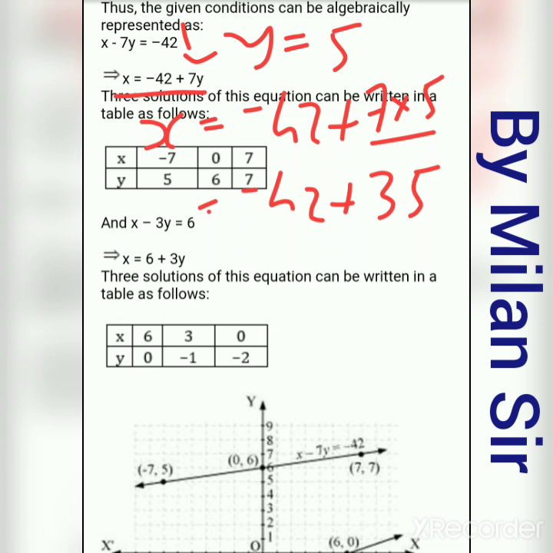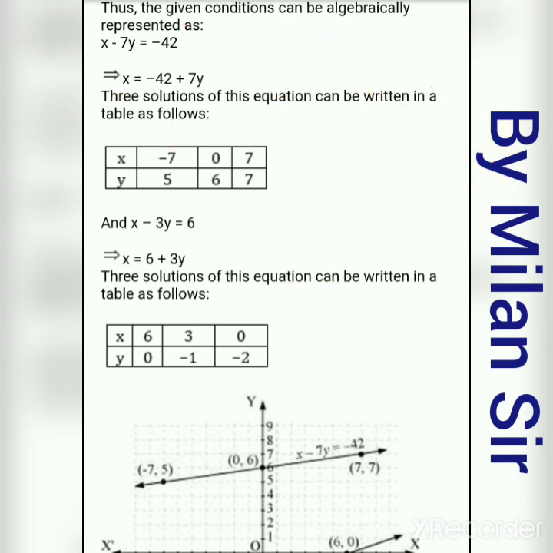So 7 fives are 35. So minus 42 plus 35: minus 42 plus 35 is 7, and the bigger number's sign is minus. So x is equal to minus 7. Already it is written that when y is equal to 5, x is equal to minus 7.